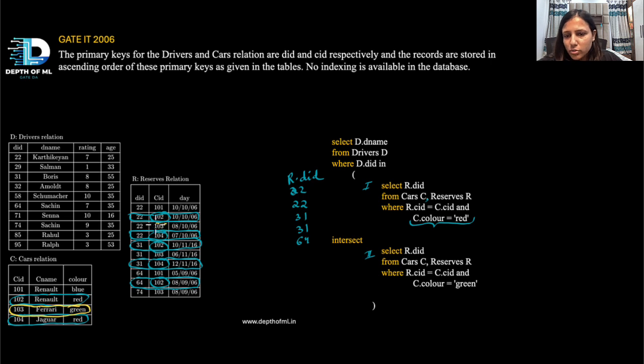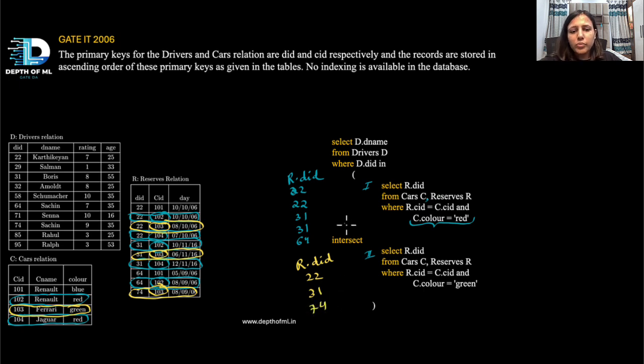So this one is here, this one is here, and this one is here. These three rows have CID 103, so r.did from the second query will be the yellow ones, 22, 31 and 74.